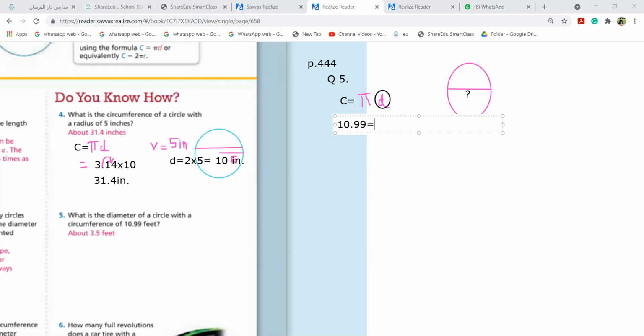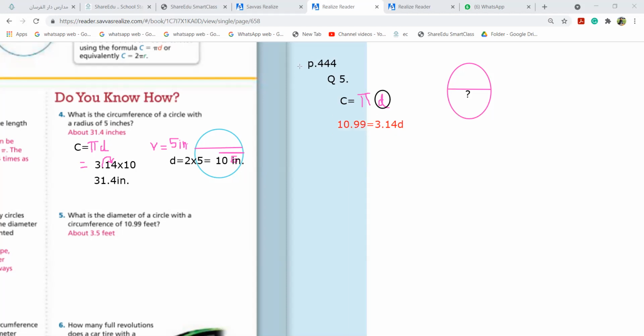I'll put equals. Pi, you know that is 3.14. And d, I'll write the same, with some other color. So what do you think, girls? Where will this 3.14 go? Yes, Noor?